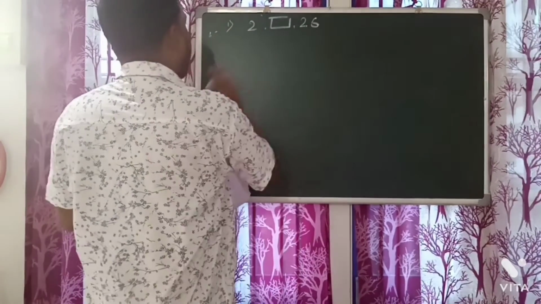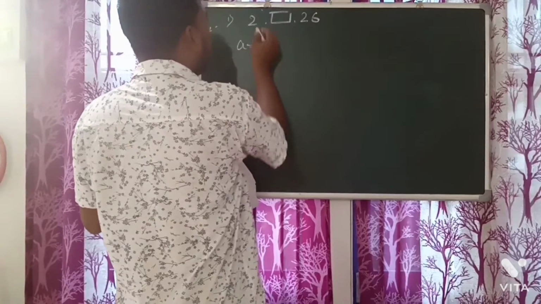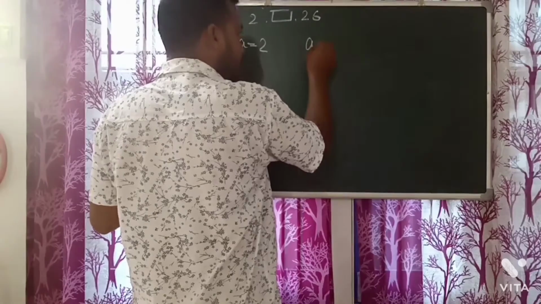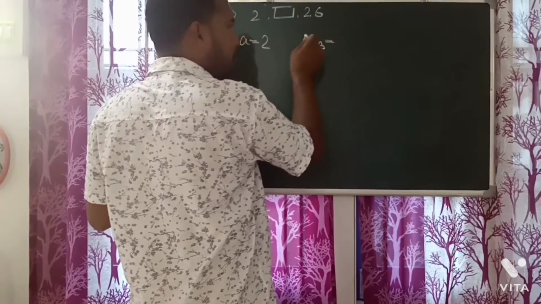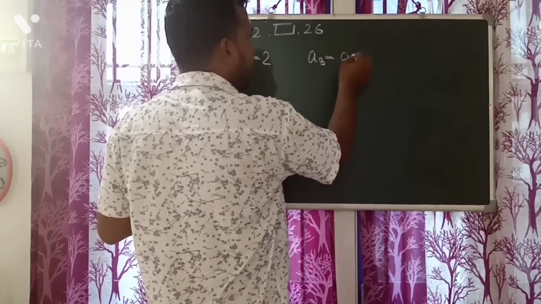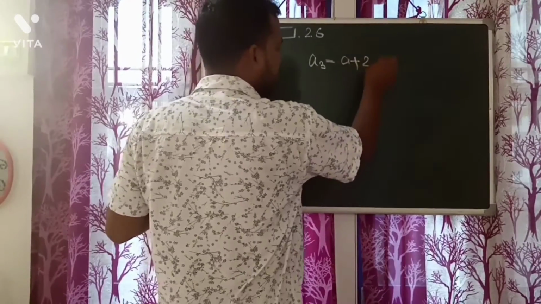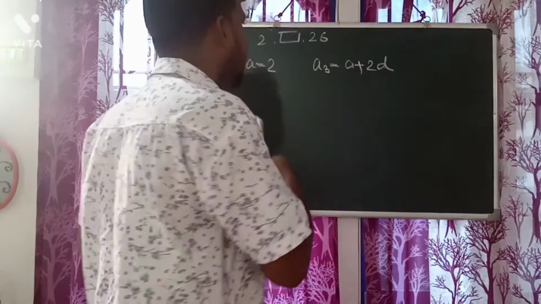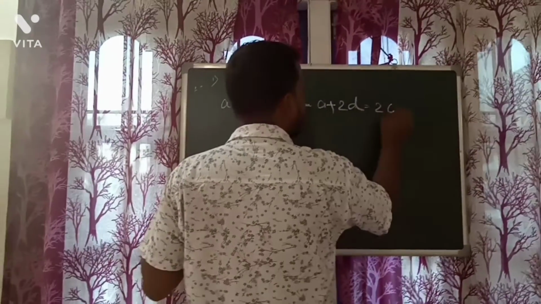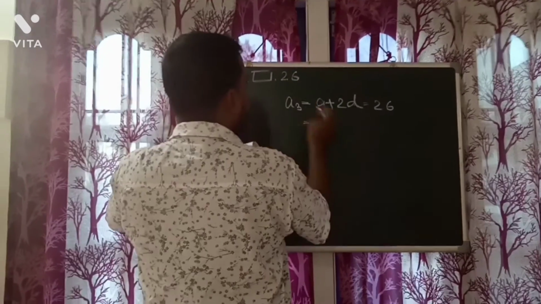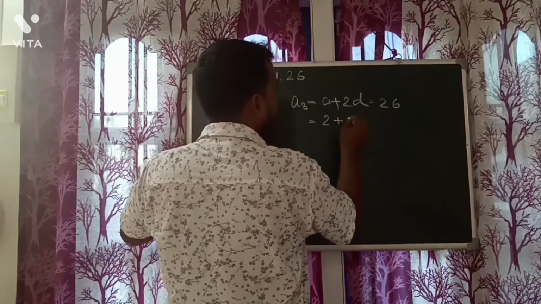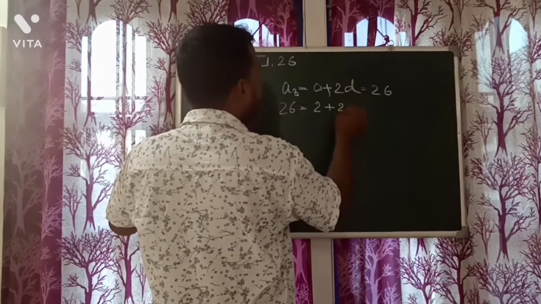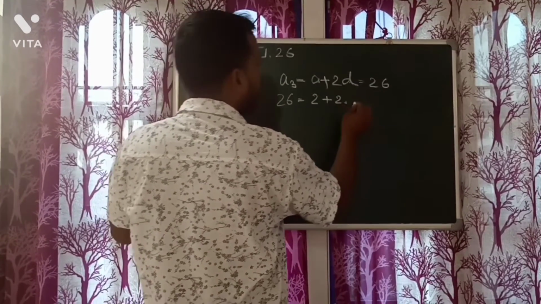First term A is equal to 2, then the third term A3. The third term A3 can be written as A plus 2D, which is equal to 26. Now A is equal to, we know, plus 2 into D. A3 is equal to 26. Then D we didn't know, write as D.